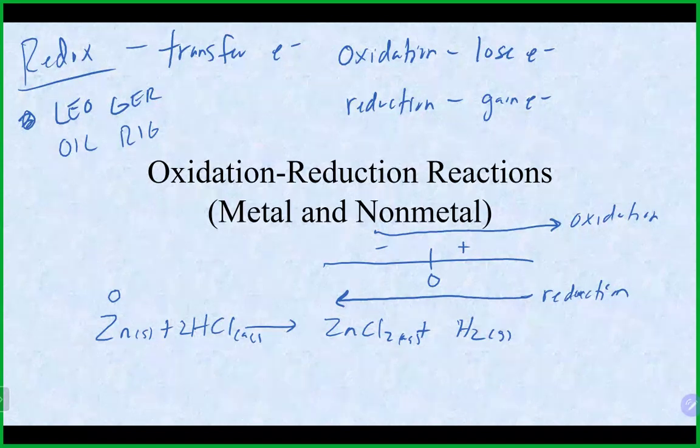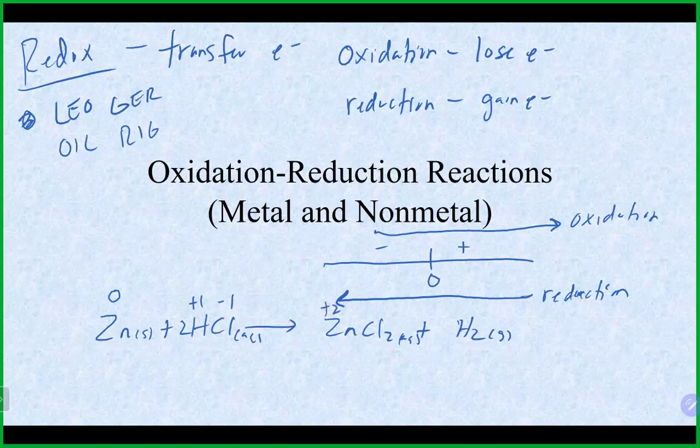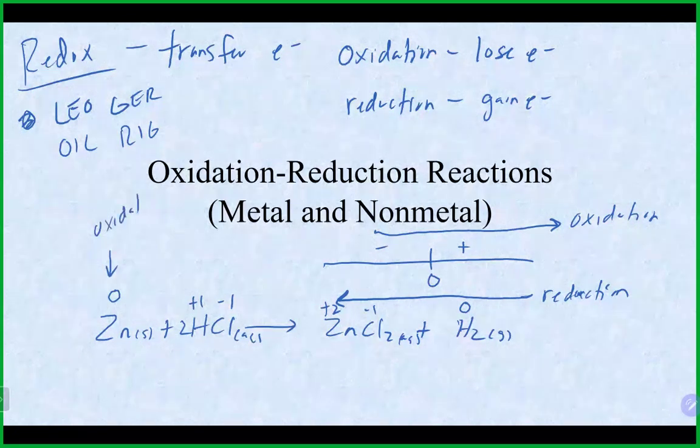In HCl, hydrogen is +1 and Cl is -1. Zinc in ZnCl2 is +2, and Cl is -1. Over here, hydrogen by itself, which is how it naturally comes, has no charge. If we want to figure out what is being oxidized and what is being reduced, we can follow these oxidation states, which are numbers. They are slightly different than charges, but we'll call them charges for our purposes here.